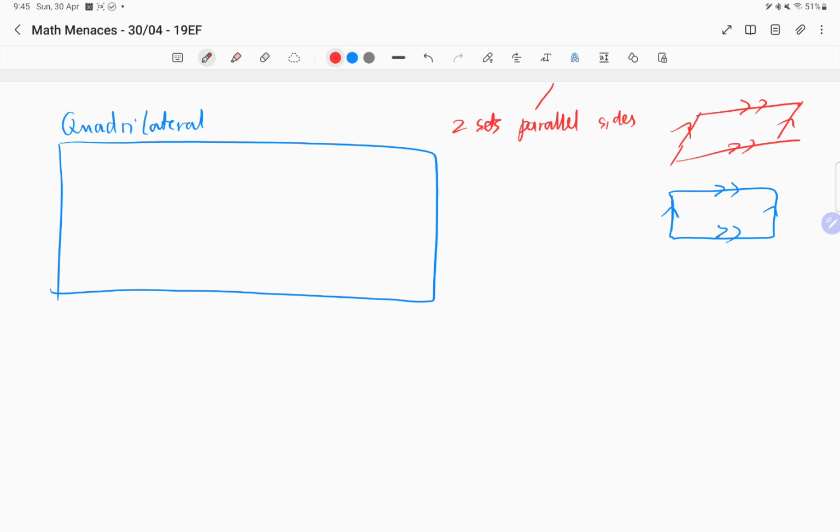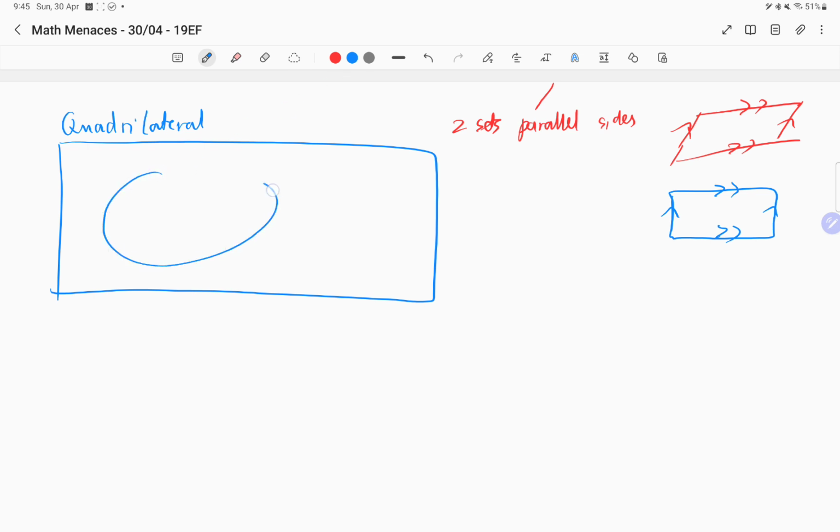Quadrilaterals are any four-sided shape. I think quadrilateral is actually the biggest one.